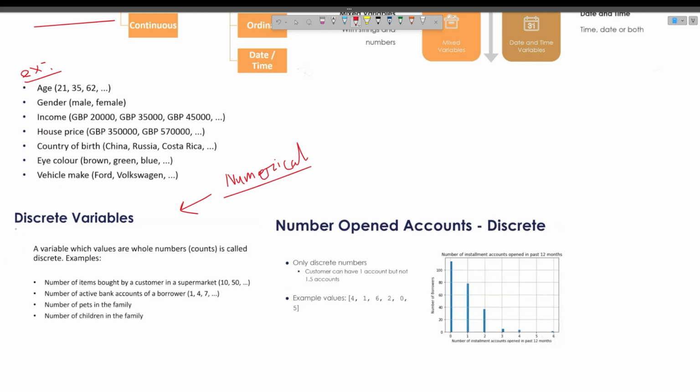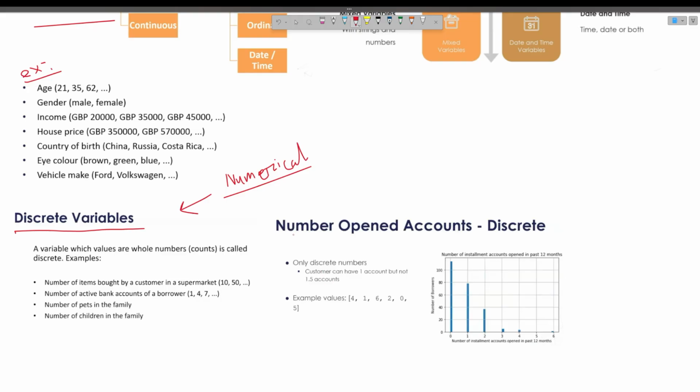Now let's talk about the discrete variable first. This belongs to the numerical type. A variable whose values are whole numbers is called discrete. Here you can see the values 0, 1, 2, 3, 4, 5, 6. So only discrete numbers, like customers can have one account but not 1.5 accounts. The concept is a bit different, right?